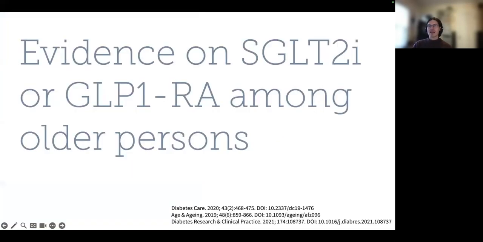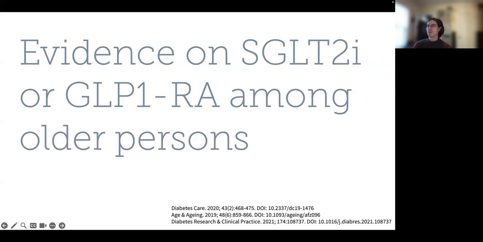So there have been a few systematic reviews and meta-analyses conducted for older adults taking these newer medications. And usually what these teams do is they take a subgroup of people that are 65 years or older that were included in some of these trials, and they compare findings in that 65 or older subgroup with people younger than 65, and they use a type of statistical test to say, is there a difference between findings among these two groups?